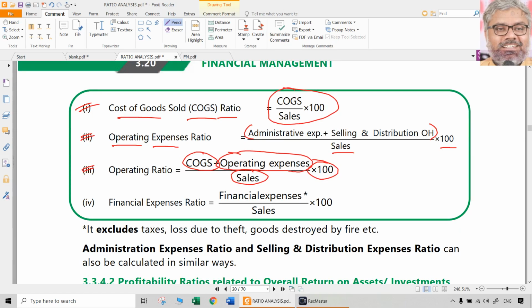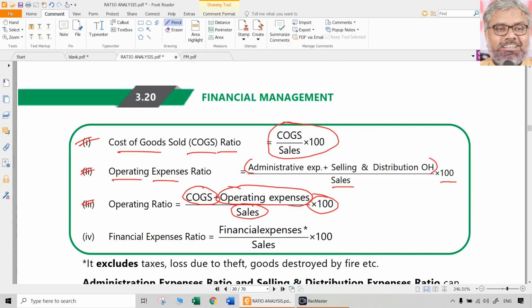It will be only profit. Operating ratio gives us cost of goods sold plus operating expenses. What are operating expenses? Admin expenses and selling and distribution expenses. Let us say plus, cost of goods sold plus operating expenses plus operating profit by sales. That will naturally be 1.